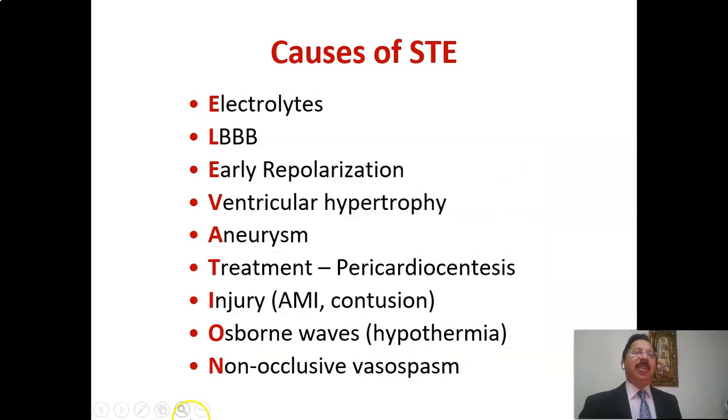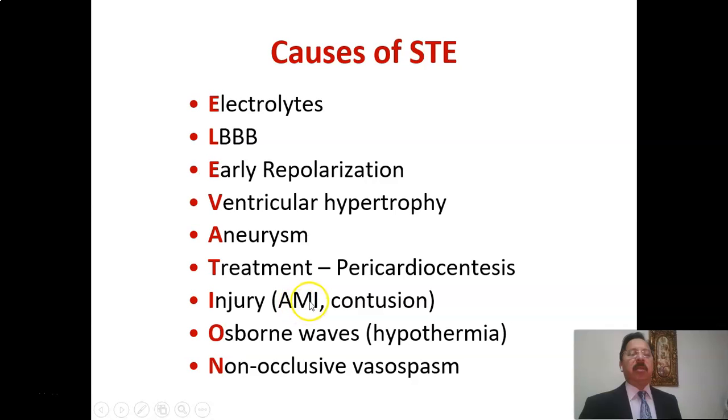But remember, in many of the times, in different studies, even up to 35 to 50% of the times, other causes can be found as the reason of the ST segment elevation. And these include electrolyte disturbances, left bundle branch block, early repolarization, ventricular hypertrophy, aneurysms, treatment like pericardiocentesis, injury.